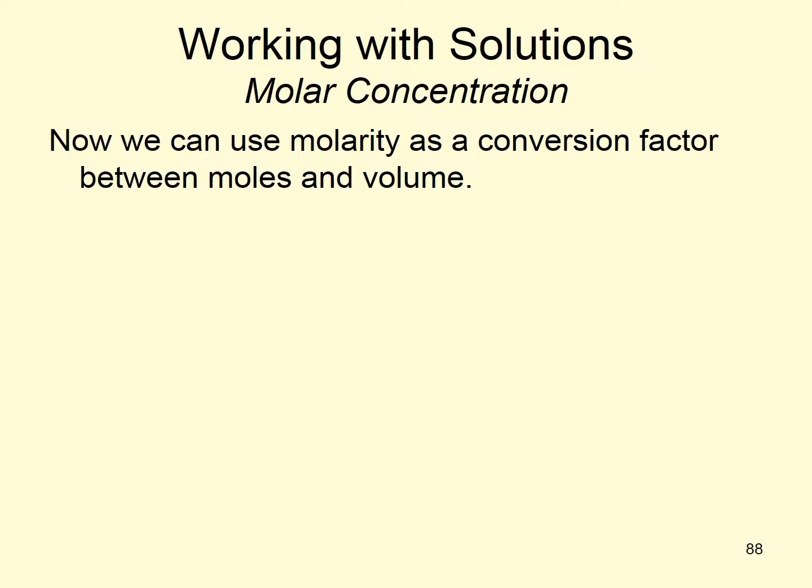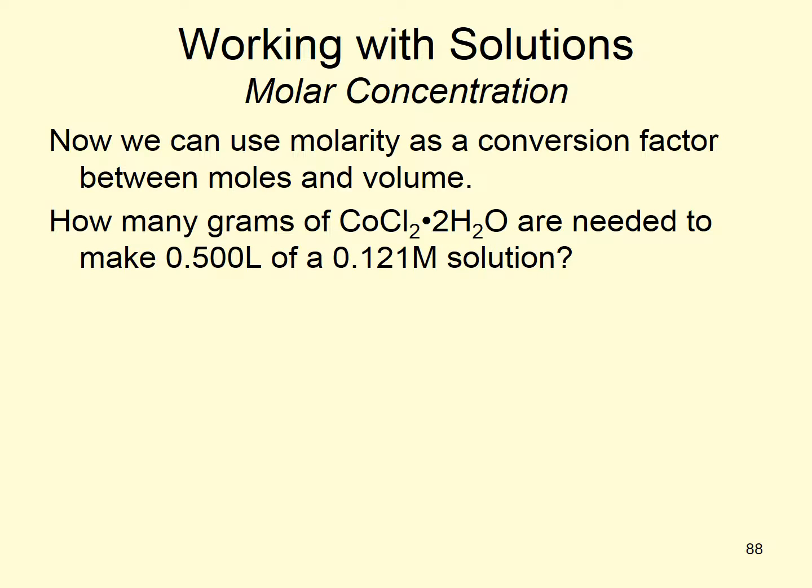Now, molarity can be used as a conversion factor. It's a way of converting between moles and volume. So if you know moles and you want to know volume, you can use the molarity as the conversion factor, because molarity tells us moles per 1 liter, so you'll be able to convert it. So, for example, how many grams of cobalt chloride dihydrate are needed to make 500 milliliters of a 0.121 molar solution?